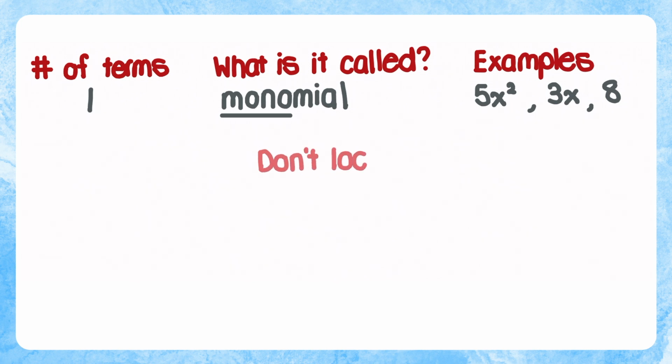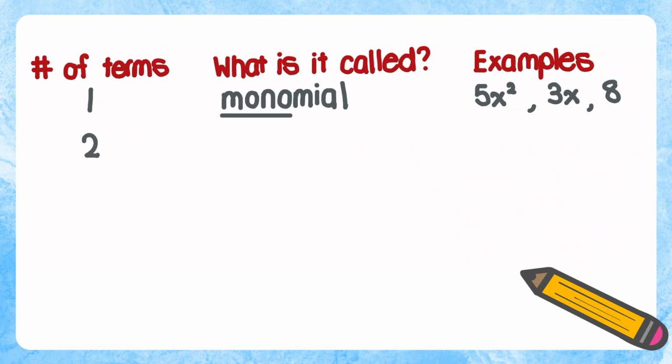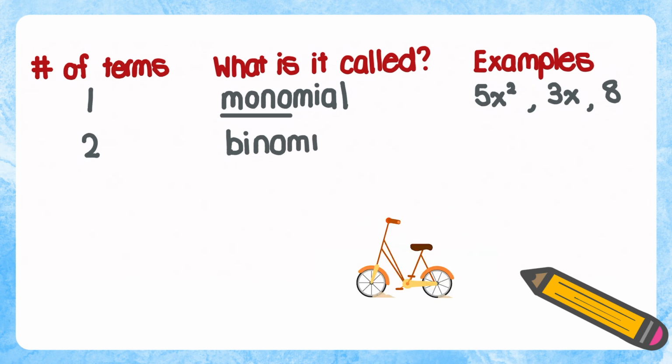Notice right here, we're not focusing on the degrees right now. So don't look at the degrees. All right, if we have 2 terms, this is going to be called a binomial. Kind of like how a bicycle has 2 wheels, think of a binomial as having 2 terms.